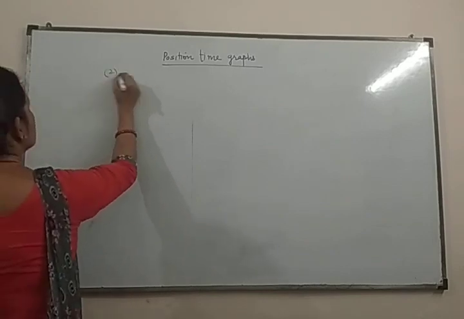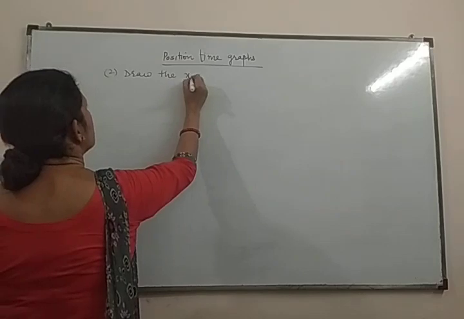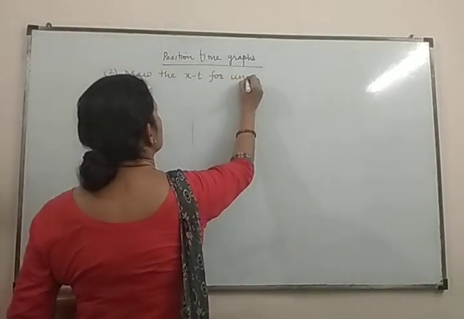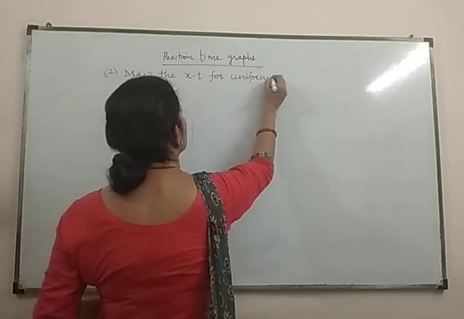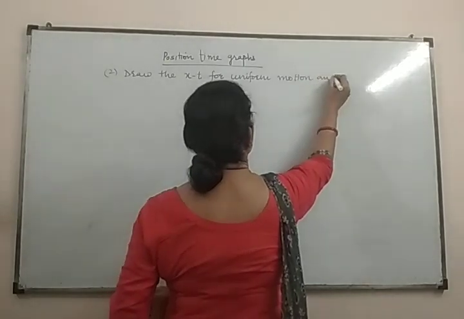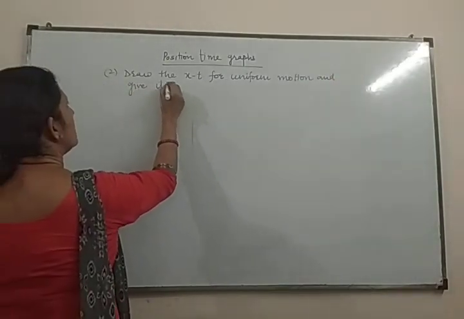Second is, draw the XT graph, the position-time graph, for uniform motion and give its significance.